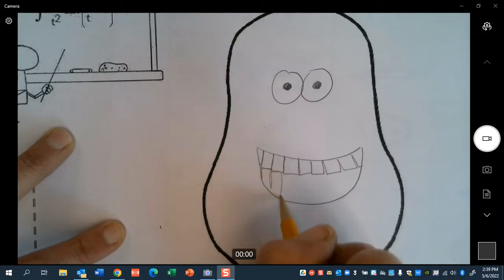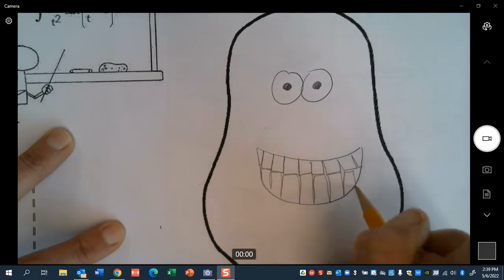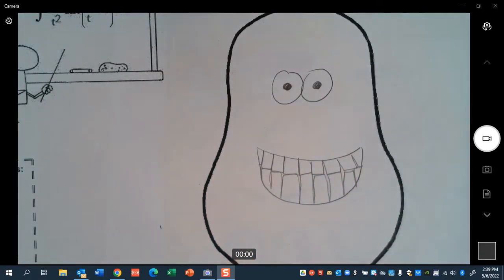I drew my top teeth way too small, so now my big teeth are huge. All right. You get it? Good. Have a good time. Go.